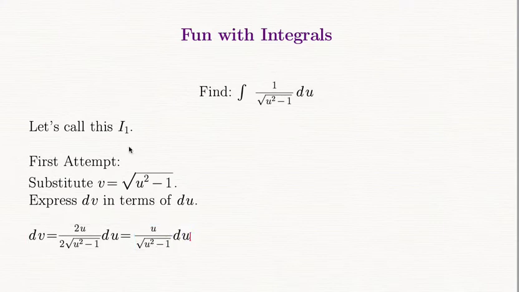So we seem to have made some progress because the integrand in I1 looks very close to this dv. It has du, and it has this term square root u squared minus 1.